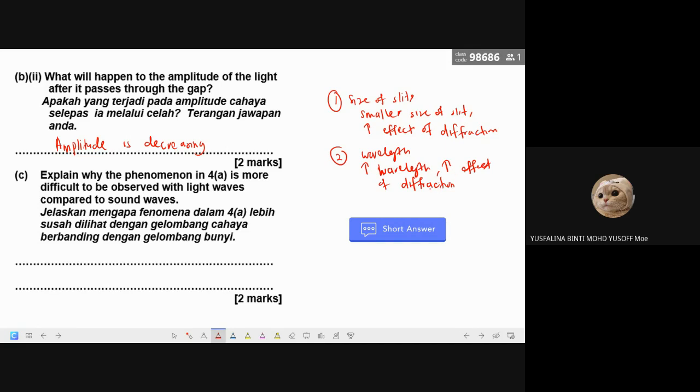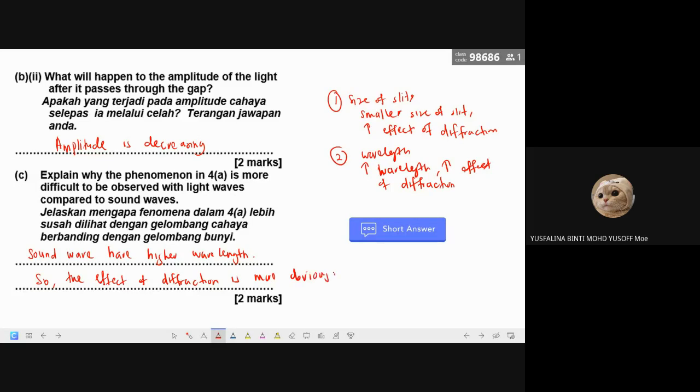So sound wave has a higher wavelength, so the effect of diffraction is more obvious.